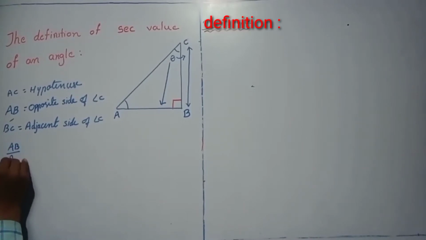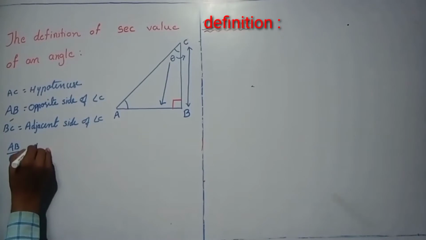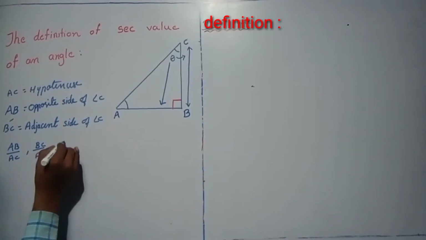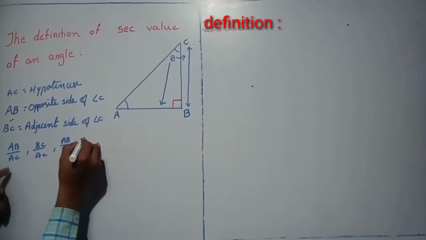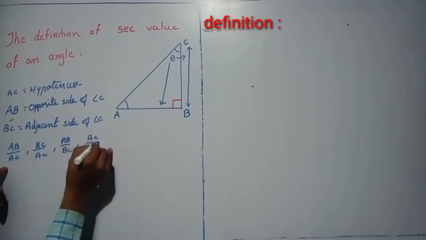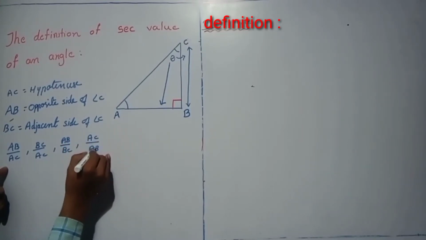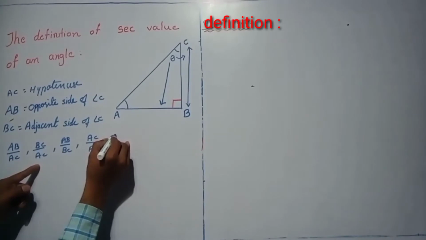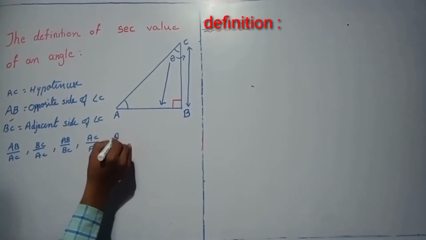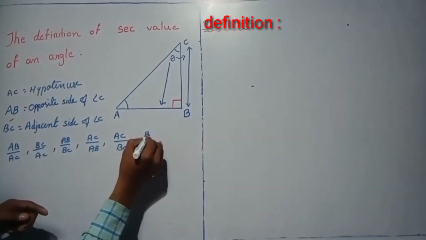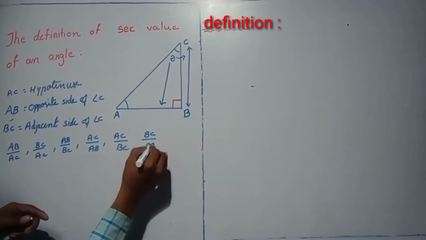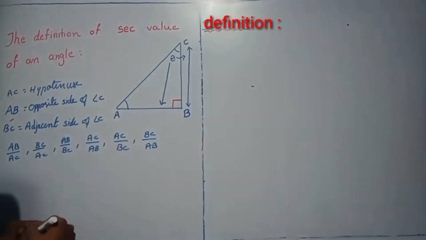AB by AC, BC by AC, AB by BC, AC by AB, AC by BC, and then BC by AB. These are the 6 different ratios.